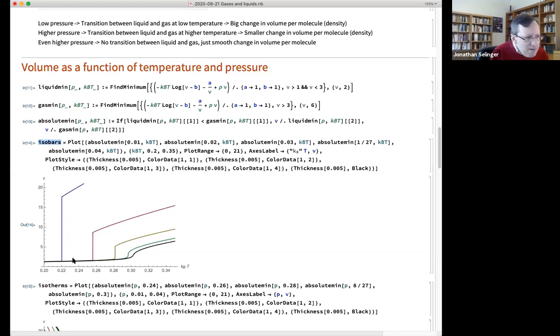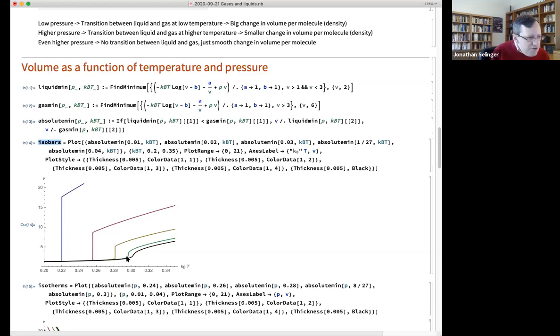Now, what happens when we get to the green plot at a certain pressure, which I will calculate for you soon? Okay. In the green plot, we see that the volume is increasing, and it increases and increases, and there's never a jump discontinuity in it.